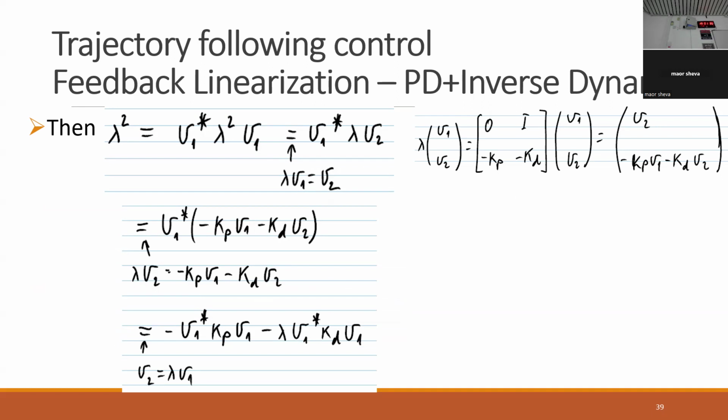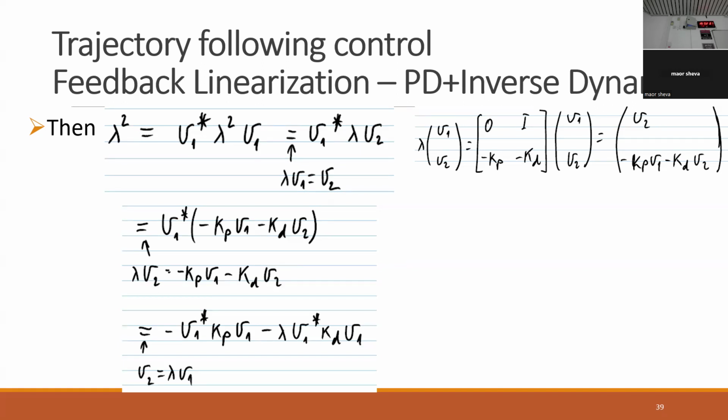Now lambda V2 is minus Kp V1 minus Kd V2 from the dynamical system. So I can substitute this instead of lambda V2. And then I get here V1 conjugate transpose times Kp V1 minus, now instead of V2, I substitute lambda V1.